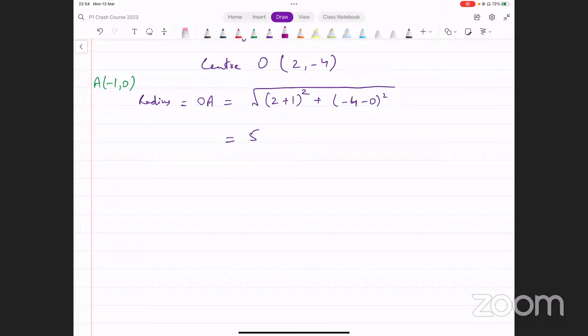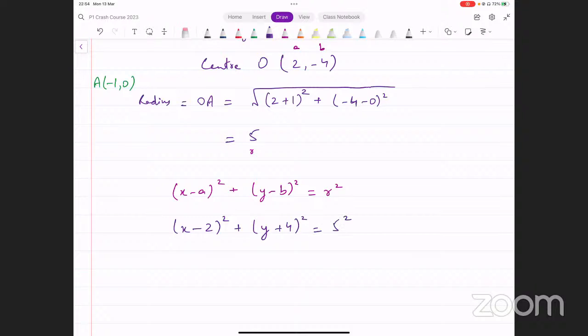Now we can write down the equation of the circle. x minus a whole squared plus y minus b whole squared equals r squared. Just input values. This is a, this is b, and this is r. Equation of the circle turns out to be x minus 2 whole squared plus y plus 4 whole squared equals r squared, which is 5 squared, which is going to be 25.